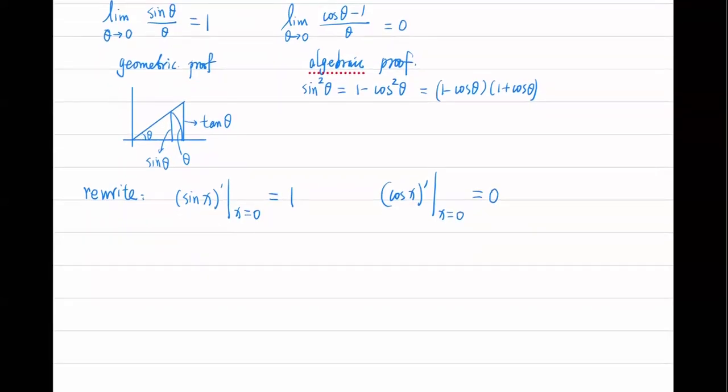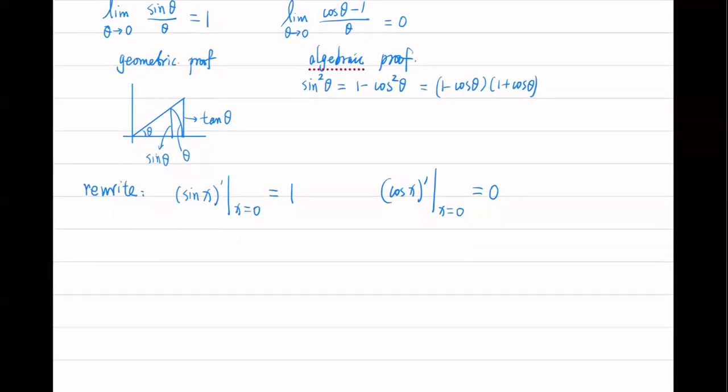Okay. Then we use the formulas for the addition of angles. We get the general derivative.